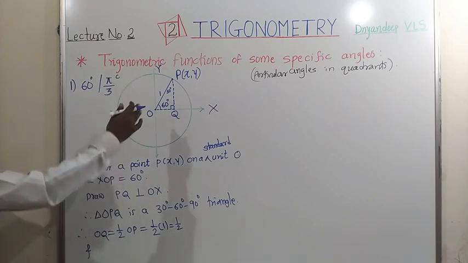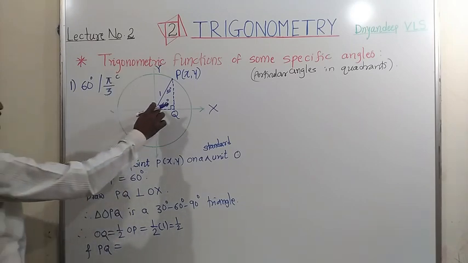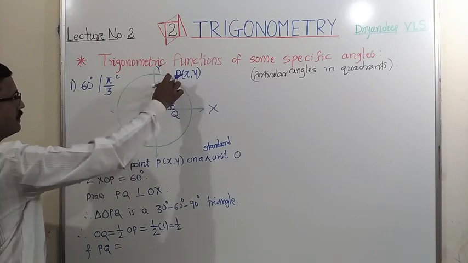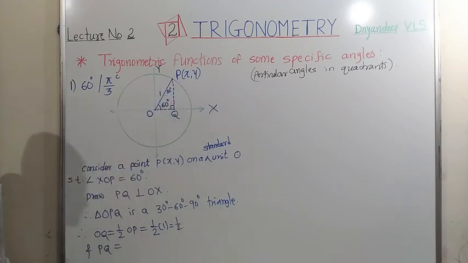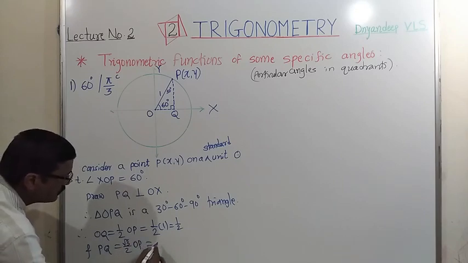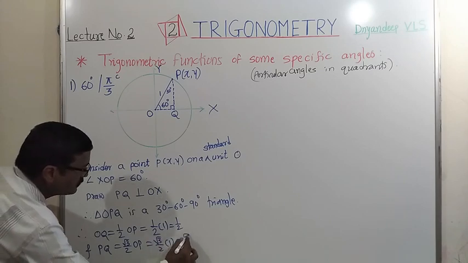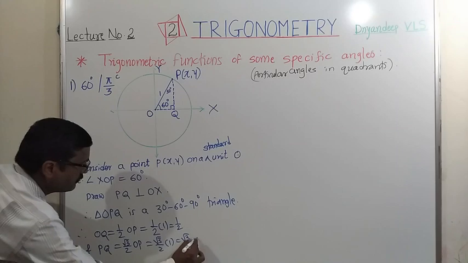And second, PQ, that is the side opposite to 60 degree. It is root 3 upon 2 times the hypotenuse OP. So it is equal to root 3 upon 2 into 1, that is the same as root 3 upon 2.